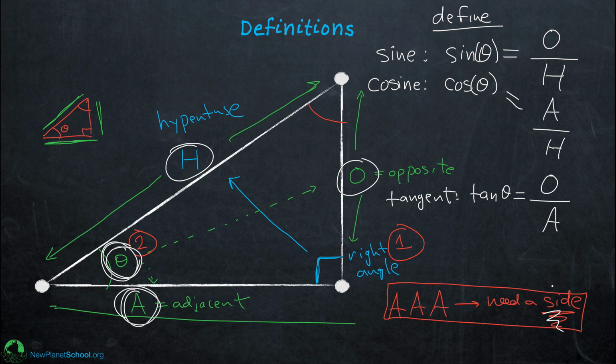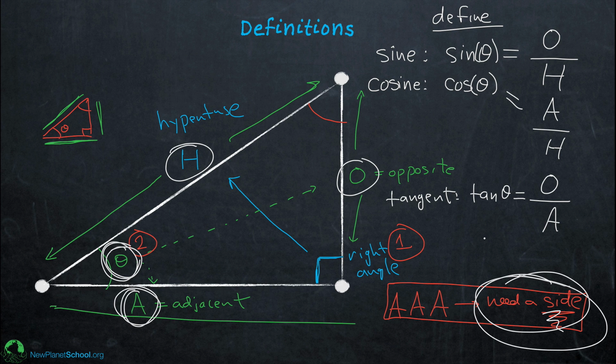If somebody were to give me a side, like say you told me the hypotenuse was equal to 1, then if you give me the angle, I know absolutely what the adjacent is. If I know what the adjacent is, I then know what tangent theta is, and I can figure out the length of the opposite side. So as soon as I'm given one side, I'm done. I can figure everything out.